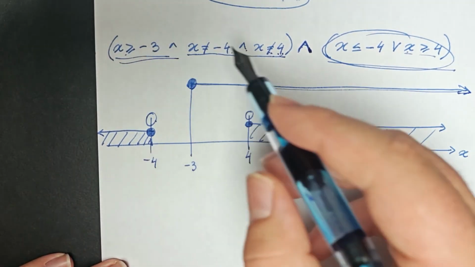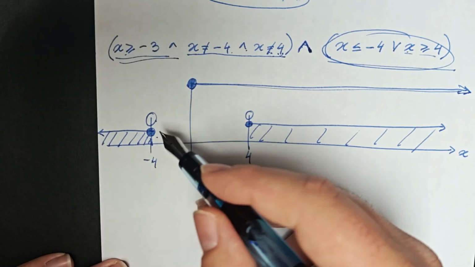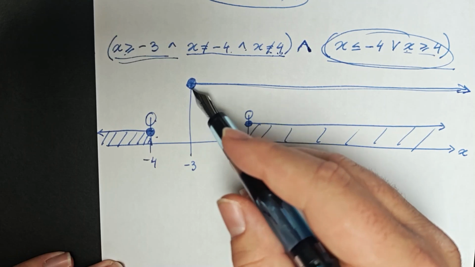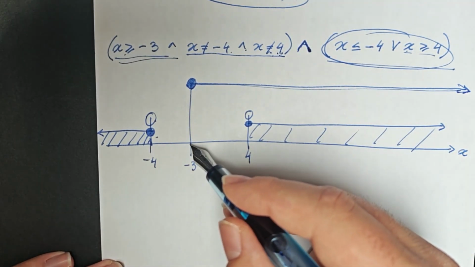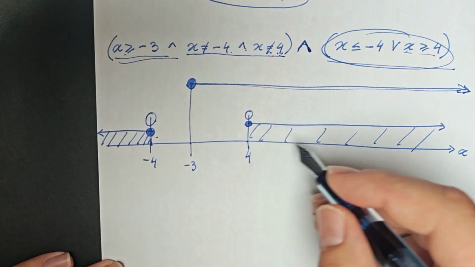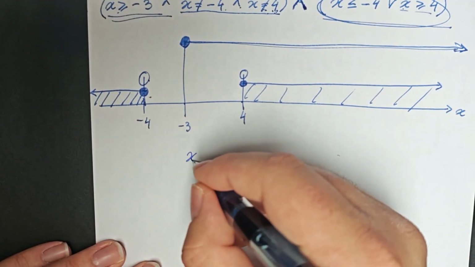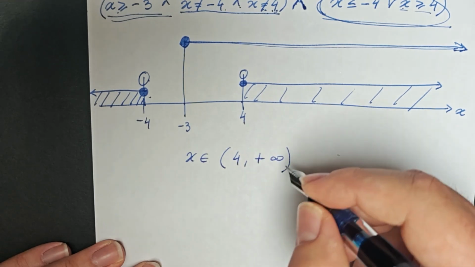When we take the intersection of that, intersection of this on the left side is going to be an empty set. We can only intersect it with what is on the right. So we are going to intersect from the -3 to +infinity with numbers from 4 to +infinity. And that is how we get that x belongs inside the set of 4 to +infinity.